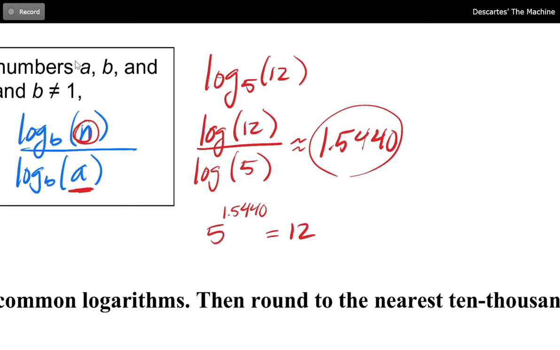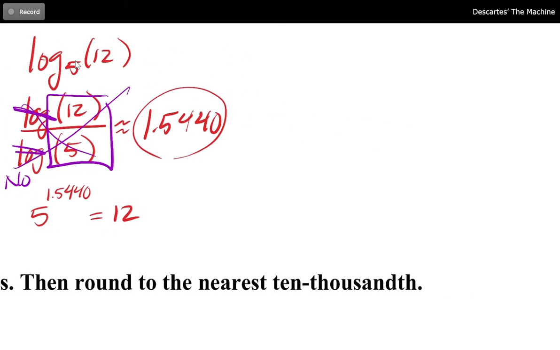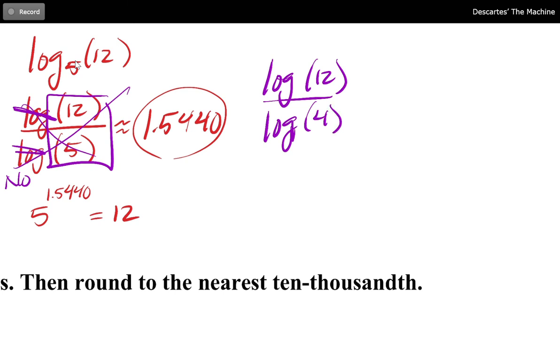Now, here's a problem. Some students want to come in through here and they think, oh, it's log of this divided by log of that, so the logs can cancel and I'm just left with 12/5. That's false. Okay, that's not true. No. Some students want to do something like this too. They'll see something like log of 12 divided by log of 4, and they'll want to say, oh, the 12 and the 4 will cancel, and so that just leaves me a single log of 3.